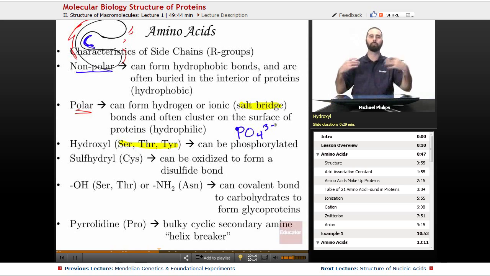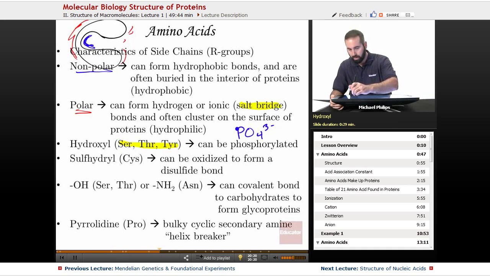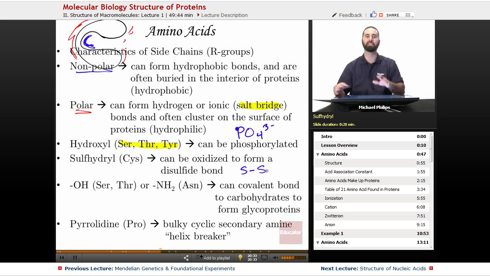Now this makes them negatively charged, and it can also alter their function, either in a positive or negative way. Now the sulfhydryl group on cysteine is unique in that it can be oxidized to form a disulfide bond. So a disulfide bond is just a bond between two sulfur groups, and this is going to be important for the structure of our protein.